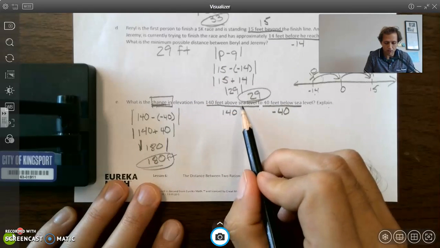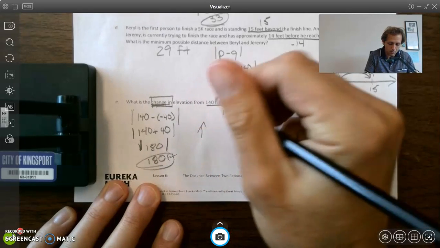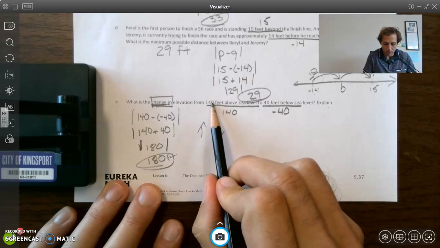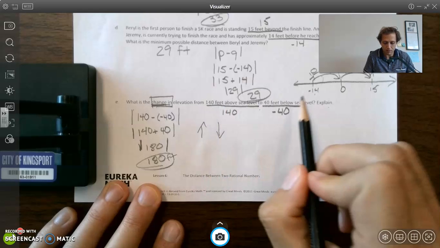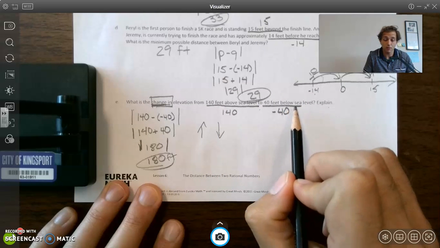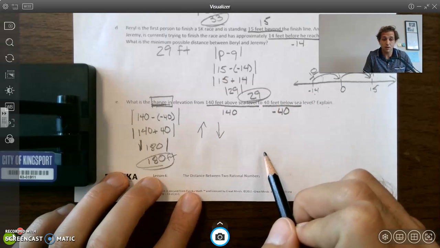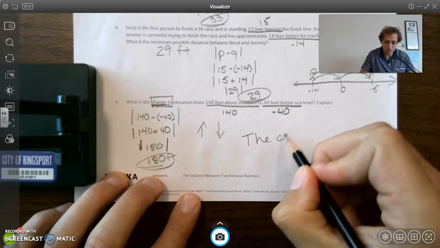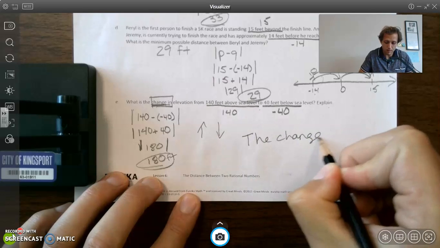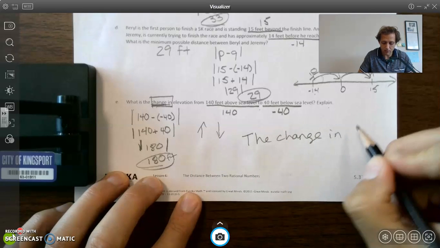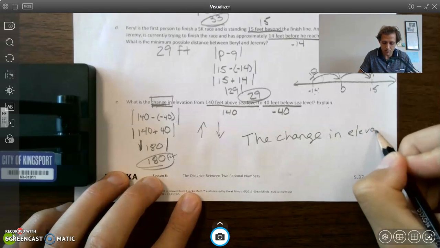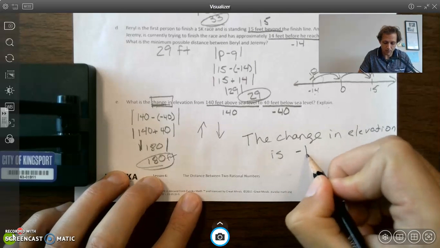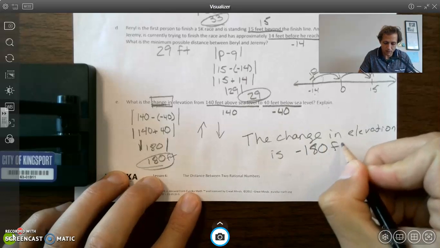Well, are we going up or are we going down? We went from 140 feet above sea level to 40 feet below sea level. So because we are going down, I would say that the change in elevation is negative 180 feet.